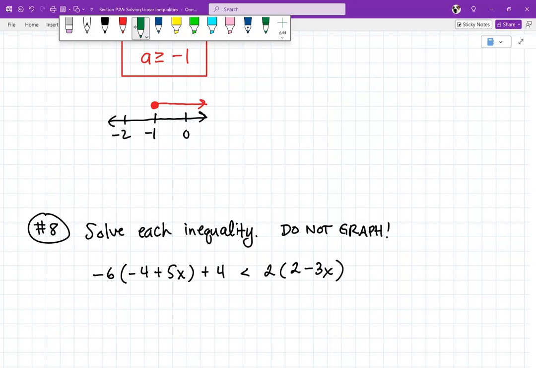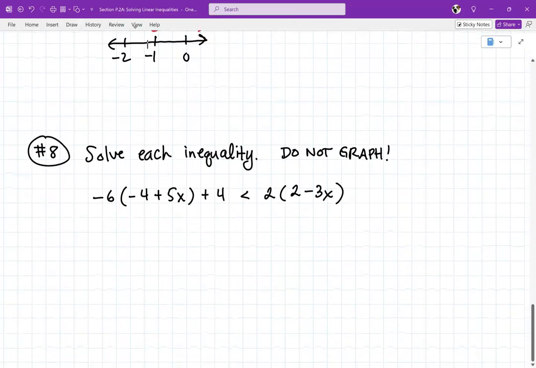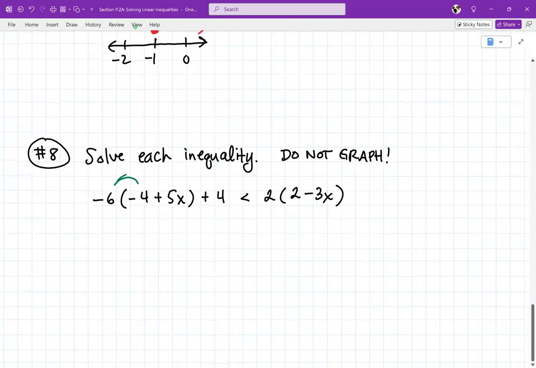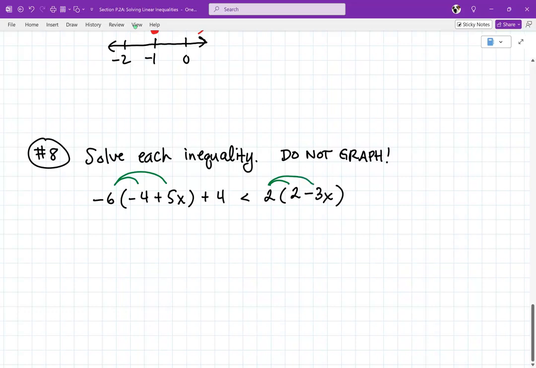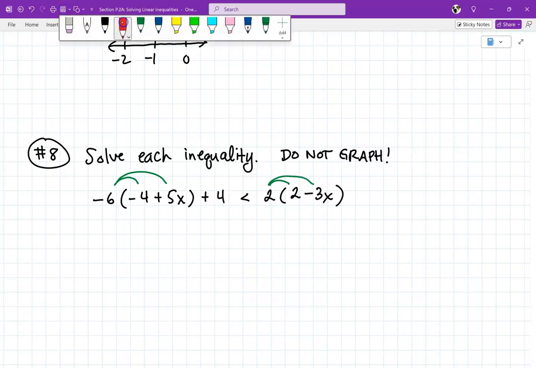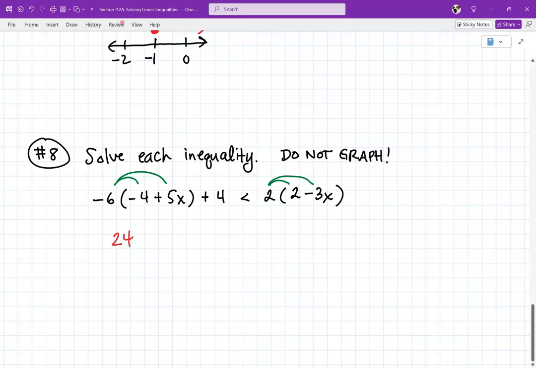So here we go. Notice we have 2 sets of parentheses. We're going to have to distribute twice, okay? So distributing here, distributing here. So let's go ahead and do that. So negative 6 times negative 4, that's 24. Negative 6 times 5x is negative 30x. Then I have a plus 4 that's just hanging out by itself.